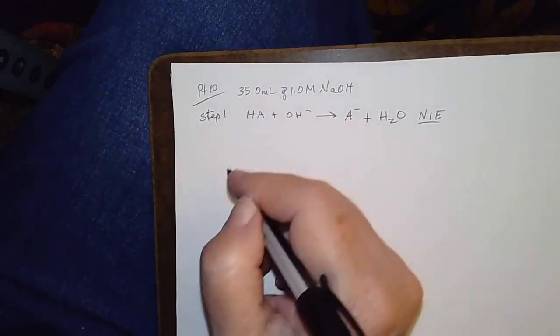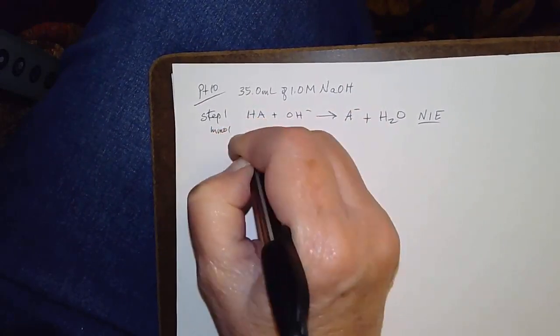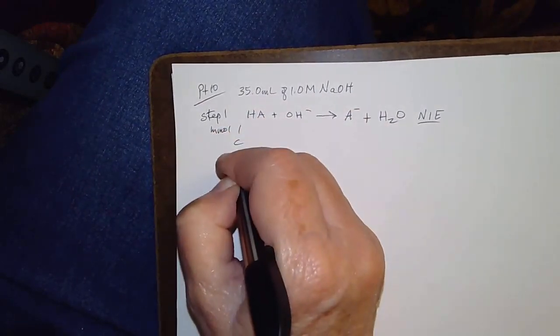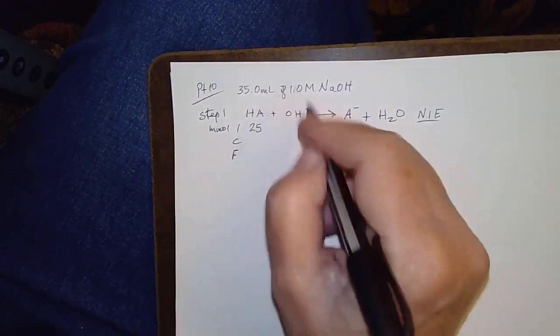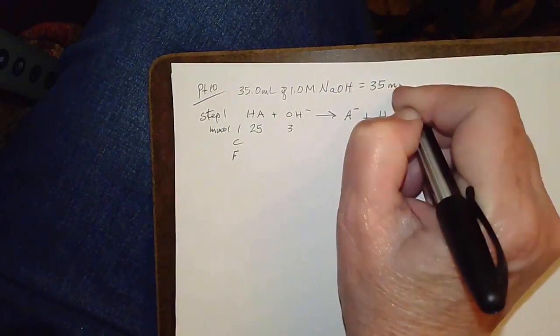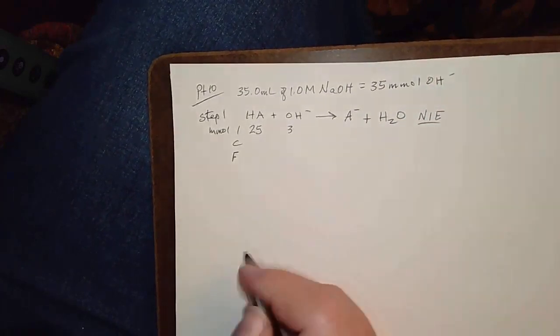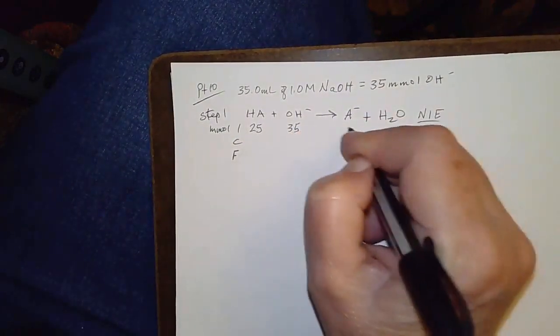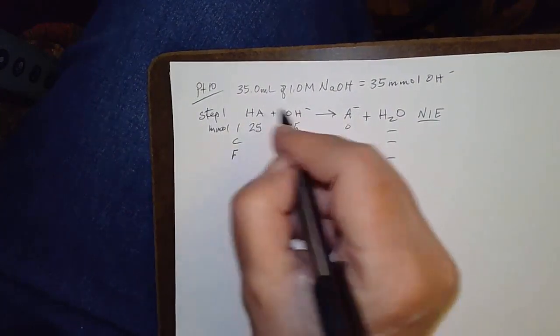This is going to be a mole table, so millimoles: initial, change, final. So we have 25 from earlier, 35, right? MV. And don't have any of that. And who cares about water? All right, so now we have it.